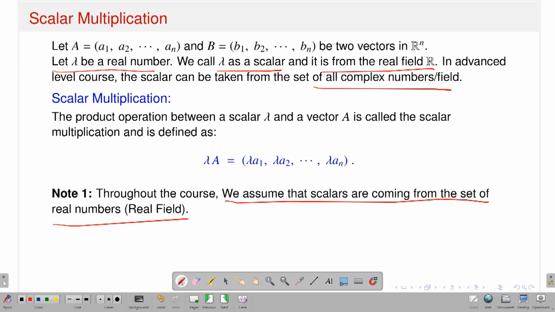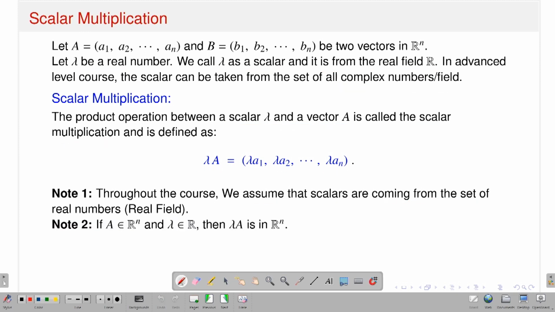The scalar multiplication is a product operation between a scalar and a vector, defined as lambda A equal to lambda A1 as the first component, lambda A2 as the second component, ..., lambda An as the nth component. That is, each component is multiplied by the scalar lambda. If A belongs to Rn and lambda belongs to R, then the resultant lambda A is also a vector in Rn.